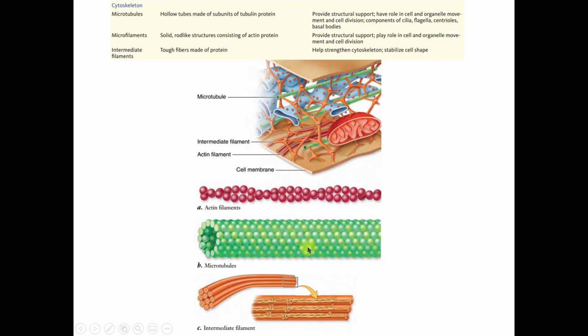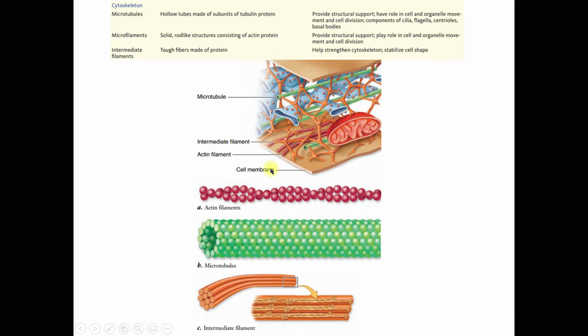So, these microtubules have a role in cell and organelle movement as well as cell division. These microtubules are also a component of the cilia, flagella, centrioles, and basal body. Meaning to say, cilia, flagella, centrioles, and basal bodies have these microtubules.